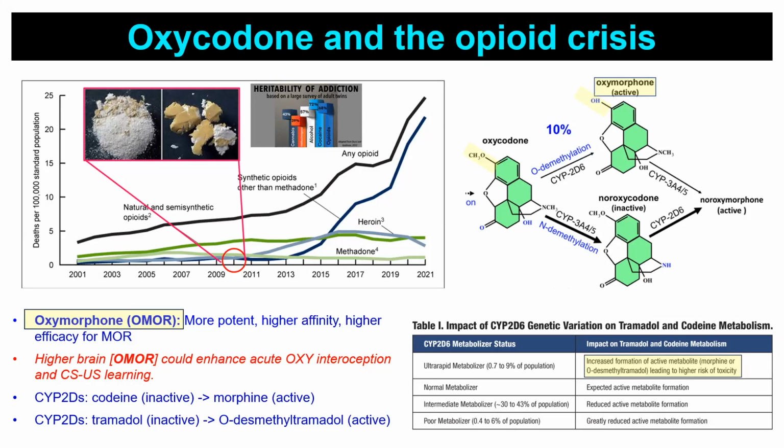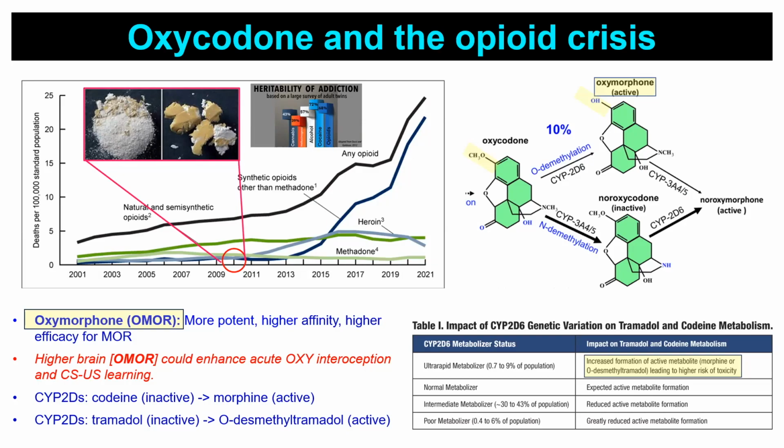It's metabolized, interestingly, into this much more potent and efficacious metabolite called oxymorphone. It's a minor metabolic pathway, but on the other hand, it's up to 40 times higher affinity. So this is potentially a major component of opioid therapeutic effects and potentially addiction liability. This is a familiar story.